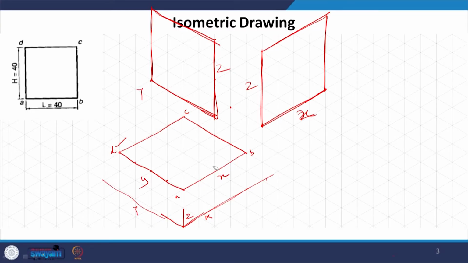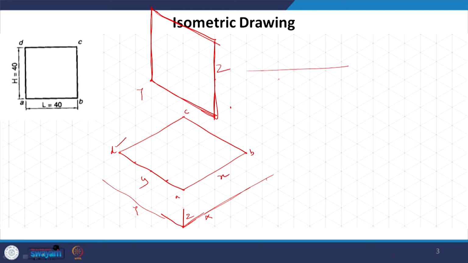So, I am erasing these. I hope you have already understood this. Now, if I draw the orthographic projection of the square plane which is making a certain angle with the horizontal plane, what we will see from the top to start with is the square plane kept parallel to the horizontal plane, and in the front elevation we will just see a line which is parallel to xy.